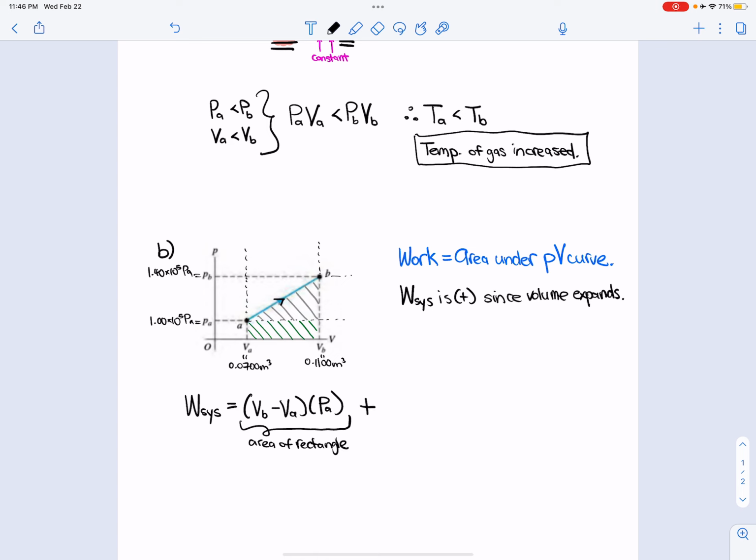And we'll add that with the area of the triangle, which is 1/2 base times height, and the base is also volume at state B minus volume at state A, and the height is the pressure at state B minus the pressure at state A, which is this region right here, right? So that's the area of the triangle.